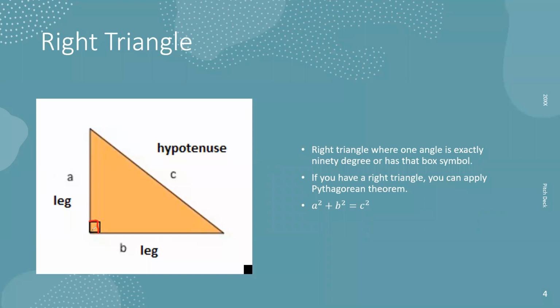If you have a right triangle, you can apply the Pythagorean theorem. If you just have side lengths and you want to know if it's truly a right triangle, you can apply the Pythagorean theorem. You can also use it to find the missing side lengths of a right triangle, right? So go ahead and write that in your notes because that will be helpful.